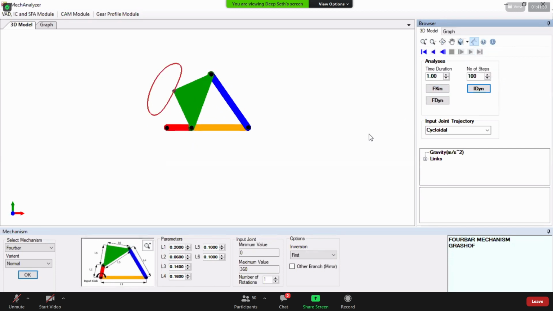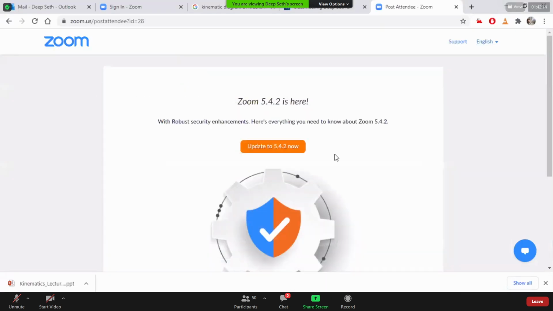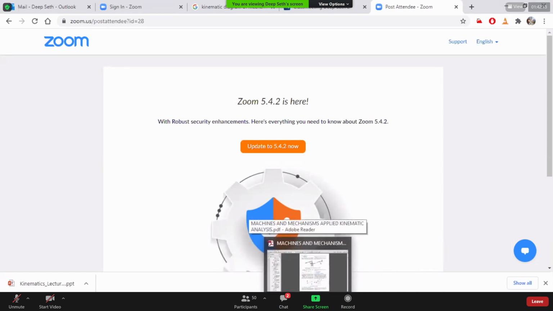With inverse dynamics, you can find out how the links move. And the joint trajectory you can also change, from cycloidal to linear, cubic, cosine, quintic, whatever kind of trajectory you want. That is the input joint trajectory. So just play with this software and see what you can learn and extract from it.